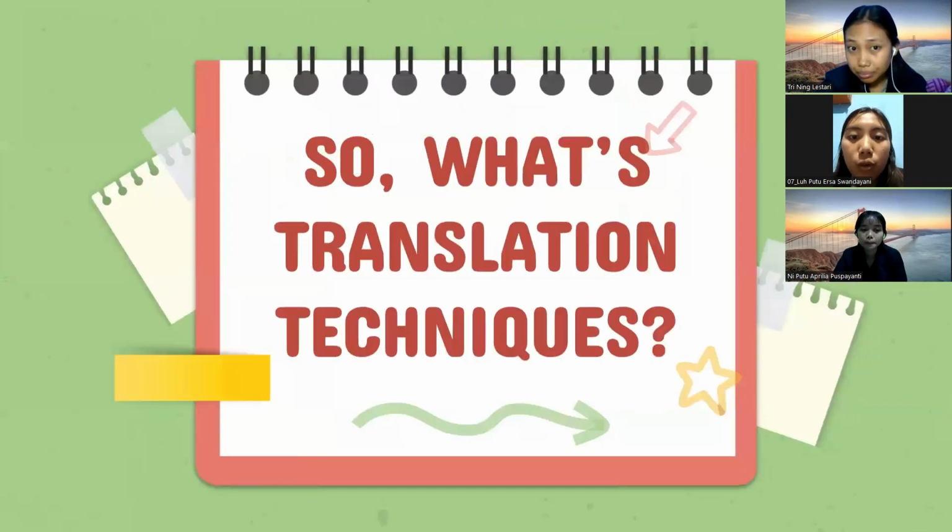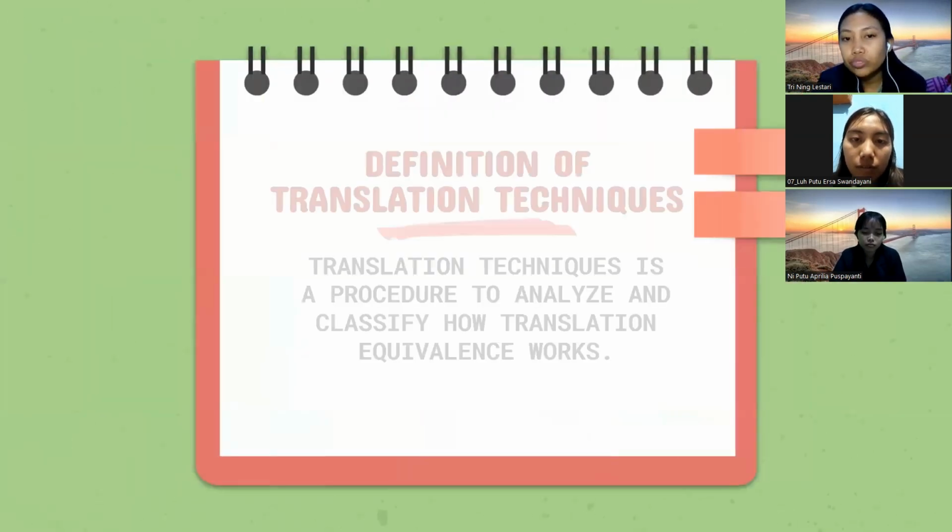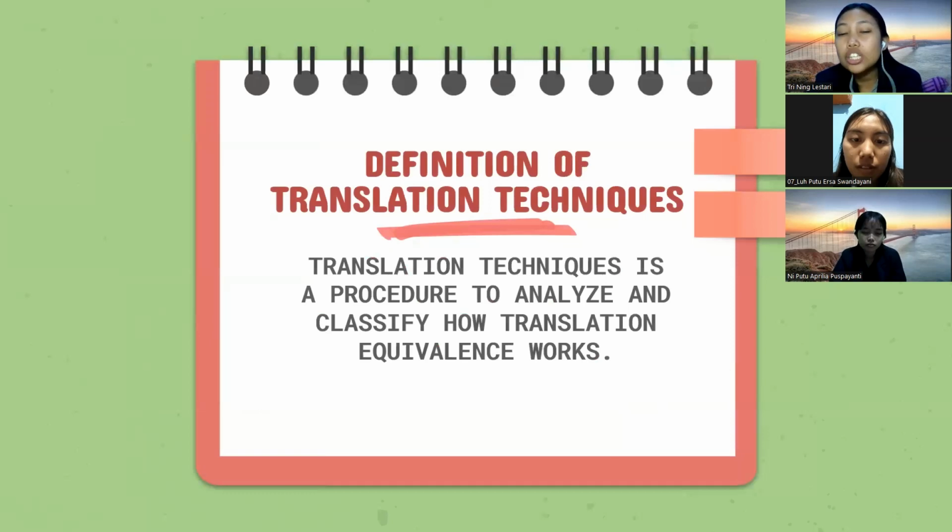And then, so what is translation technique? Definition of translation technique: it is a procedure to analyze and classify how translation equivalents work. Molina and Albir propose a definition of technique of a translation which is based on two premises.